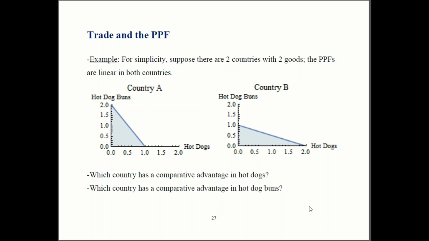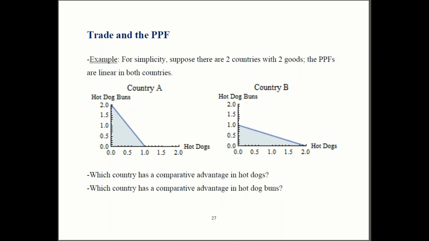Alright, I'll assume you've given this some thought. It turns out that country B has the comparative advantage in hot dogs. Why is that? Well, we've got to think about what each country is giving up to produce one more hot dog.